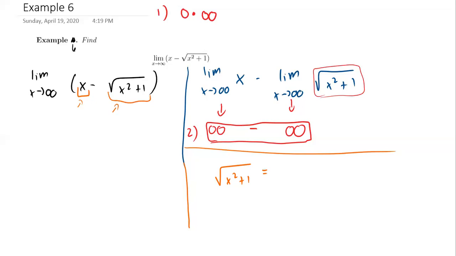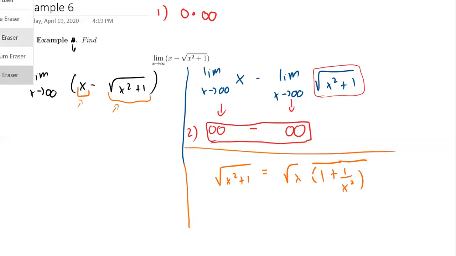So what I'm going to do is factor out x squared from both terms inside. If I factor an x squared out of the x squared, I get 1. If I factor an x squared out of the 1, I get 1 over x squared. Remember that factoring out the x squared is the same as dividing it out. Let me rewrite this so it looks more readable.